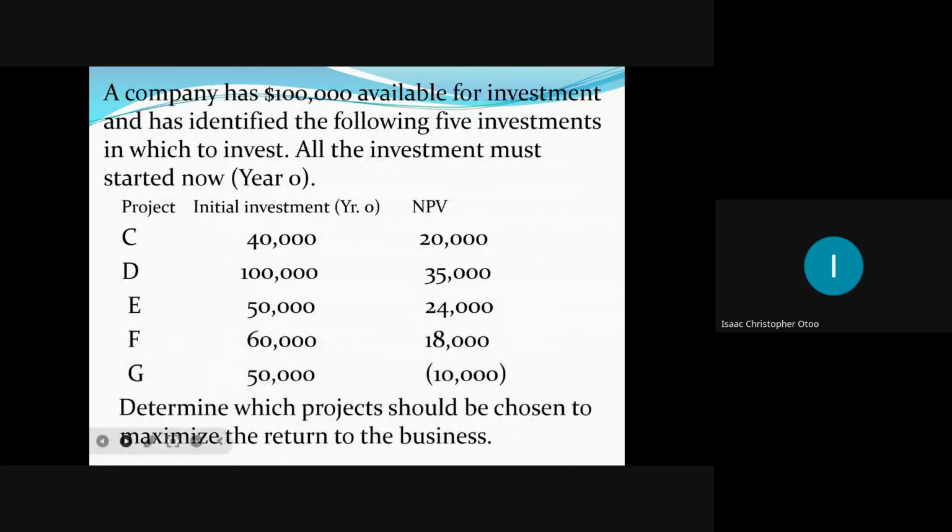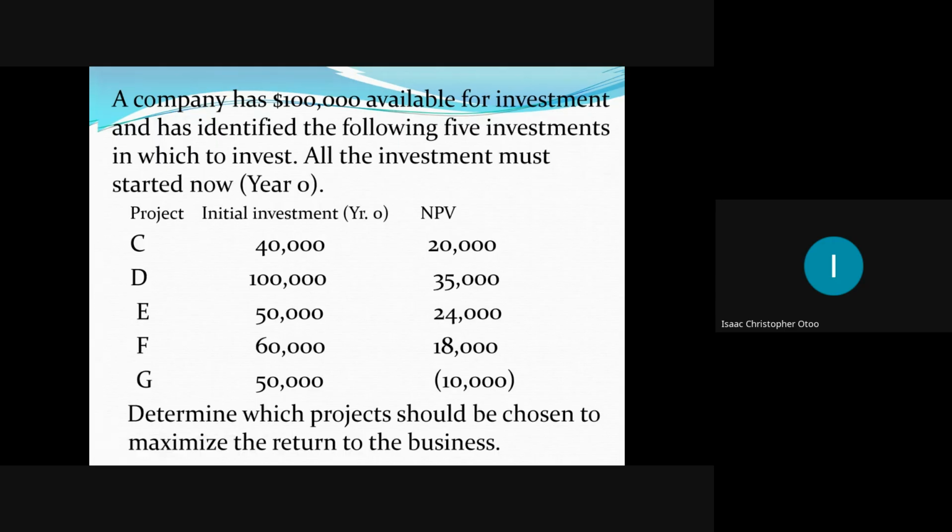So they have some projects here: C, D, E, F, and G. All of them are giving a positive NPV except G. So which project should be chosen to maximize the return to the business, except G? The rest, all four, should be undertaken.